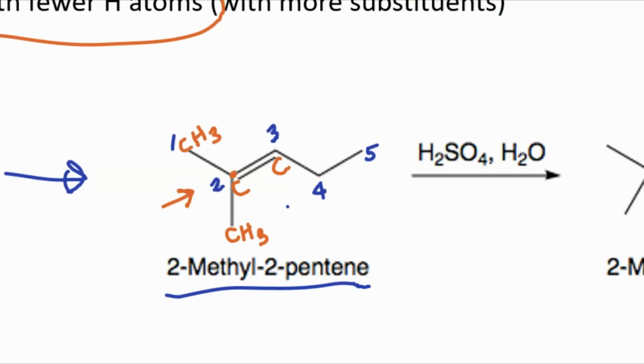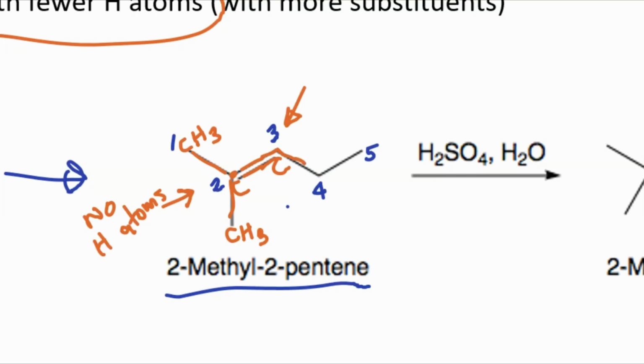This carbon is connected to 2 methyl groups and the other 2 bonds are with the carbon-carbon double bond. So originally there are no hydrogen atoms on carbon 2. If you take a closer look at carbon 3, there is one hydrogen atom here. How do you know? Because this already has 1, 2, 3 bonds.